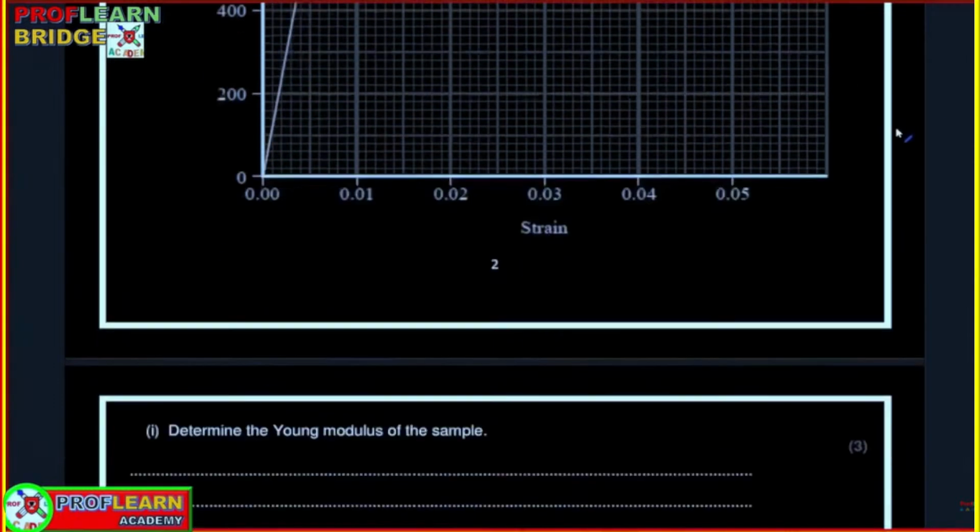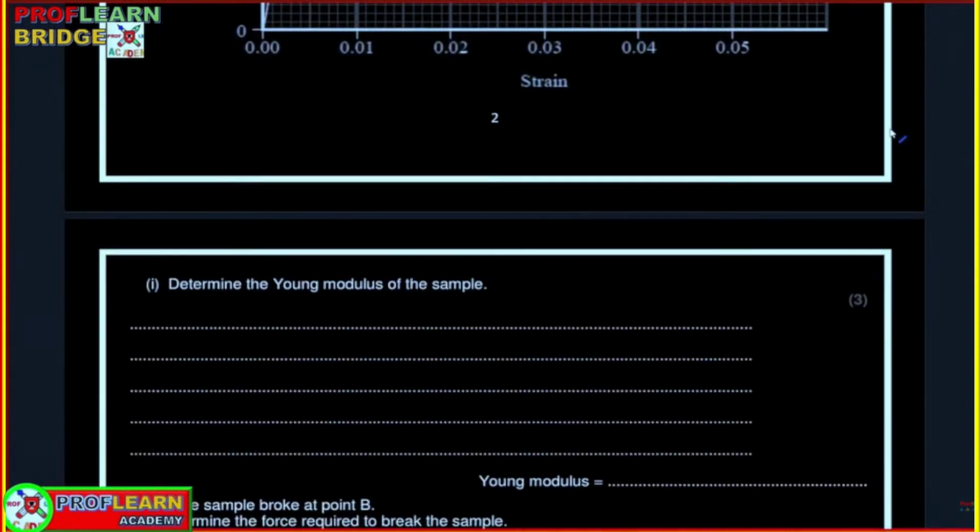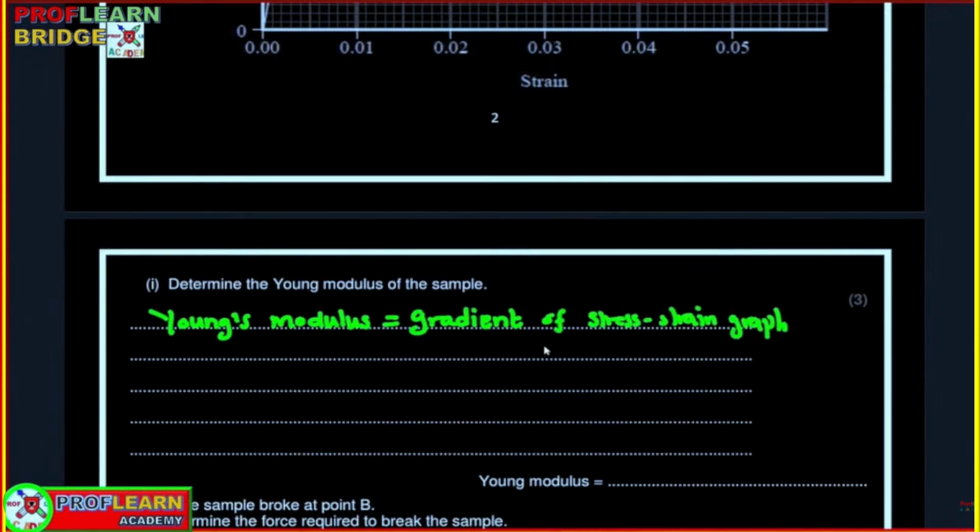Now let us determine the Young's modulus of the sample. If you are given a graph in your exam and you are supposed to work out the Young's modulus, you need to find the gradient of the section where the graph is a straight line.